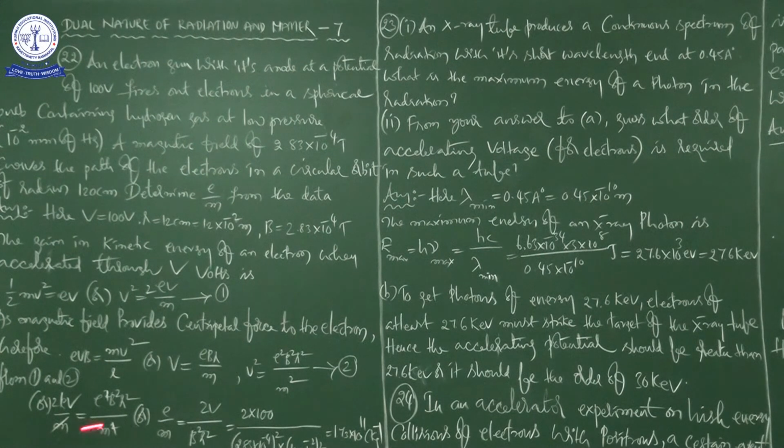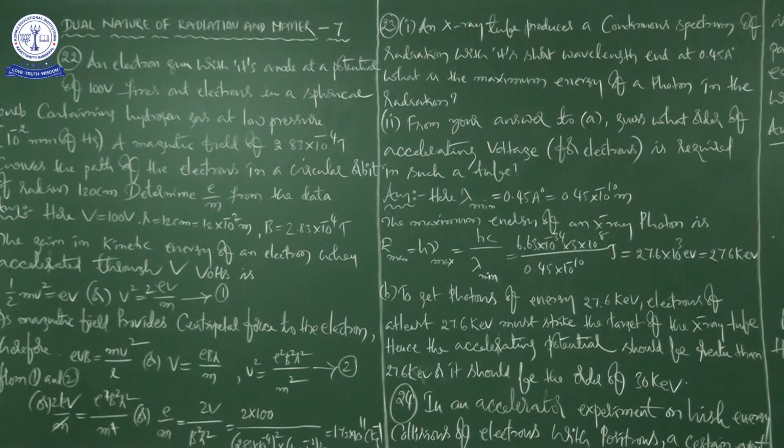From equations 1 and 2, we equate these two. The LHS is the same, so we equate the right hand side. Then finally we get a formula or relation for E by M. By substituting the given values, V value, B value and R value, in SI units, because while substituting numerical values in a formula, all the physical quantities must be in one system of units.